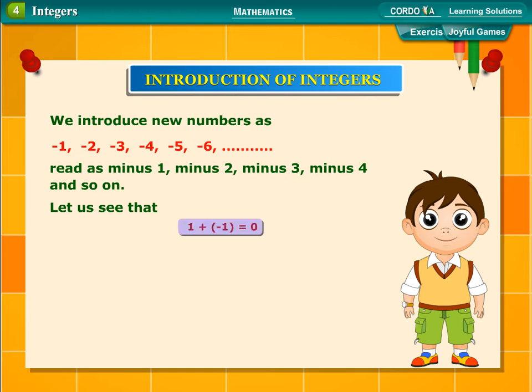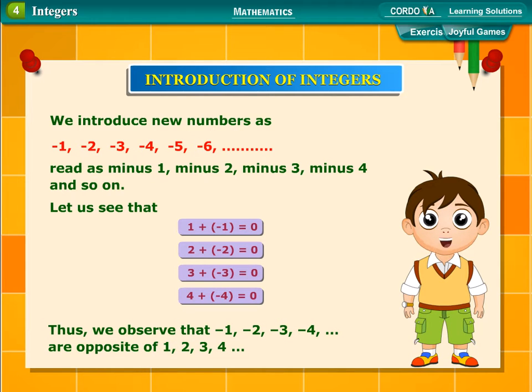Let us see that 1 plus minus 1 is equal to 0. 2 plus minus 2 is equal to 0. 3 plus minus 3 is equal to 0. 4 plus minus 4 is equal to 0. Thus we observe that minus 1, minus 2, minus 3, minus 4 and so on are opposites of 1, 2, 3, 4 and so on.